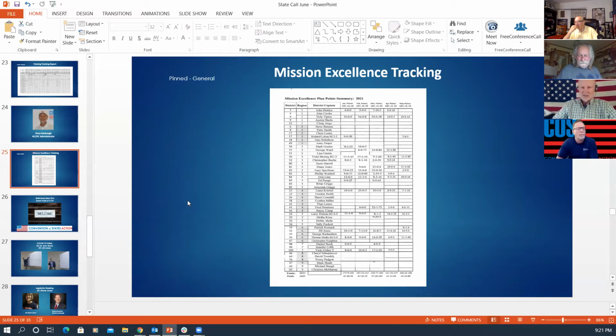Because as you pointed out, there's lots of things happening that are not being reported on the MEP sheet. Just like there'll be 15 to 20 people on the state call, and yet there's only maybe 6 people that will give themselves a point for it. And I don't know if it makes sense for me to spend hours trying to update everybody's.